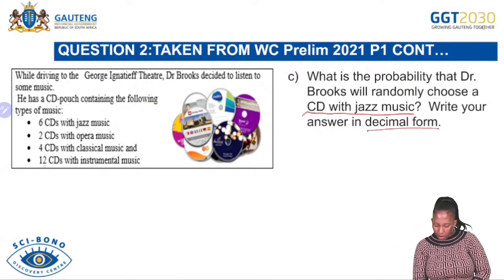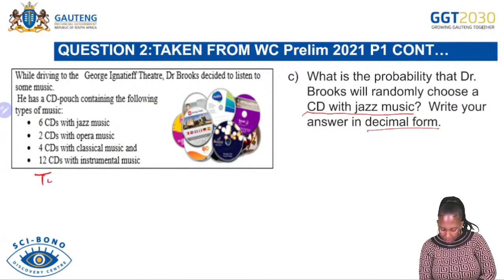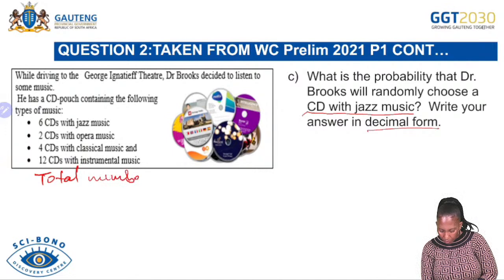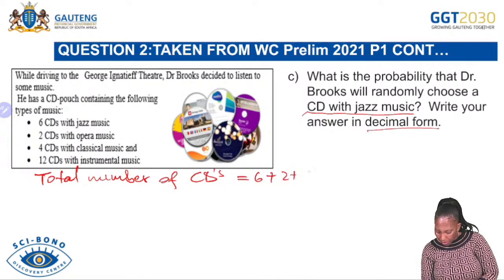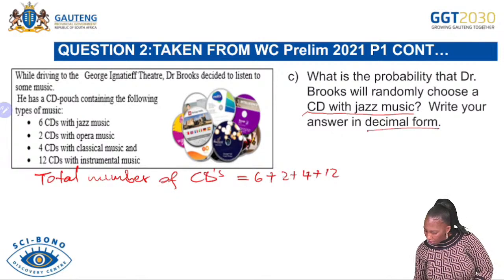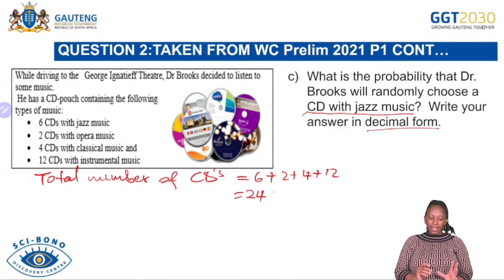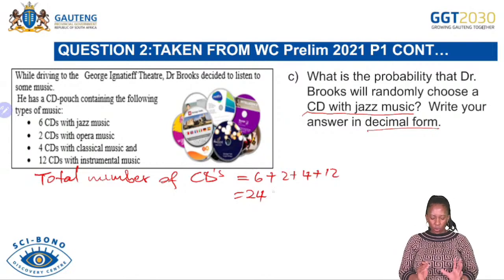So meaning the total number of CDs will be 6 plus 2 plus 4 plus 12. All in all, it gives us 24. So Dr. Brooks, in his pouch, he has got 24 CDs.